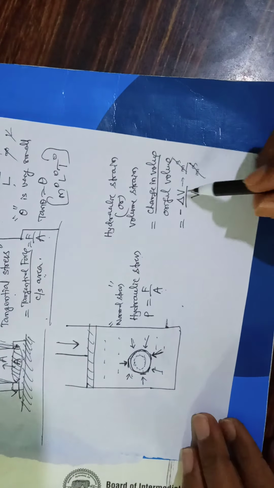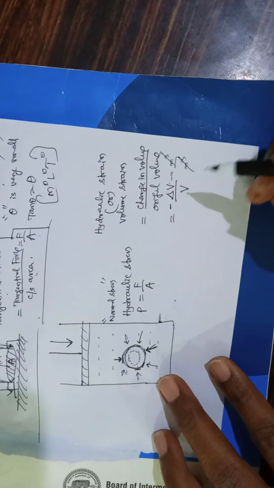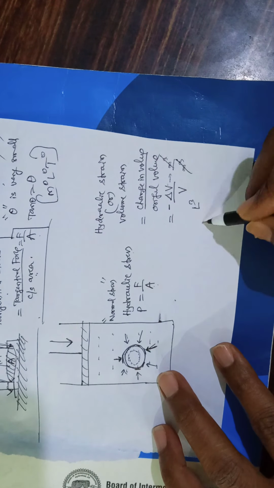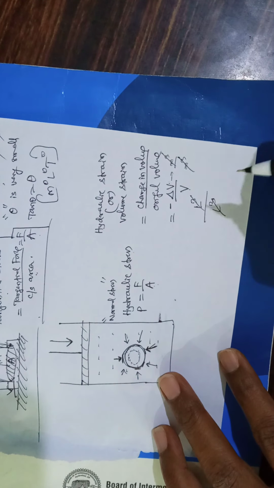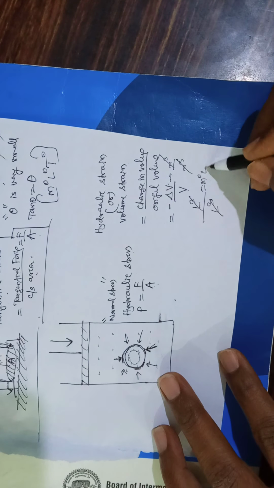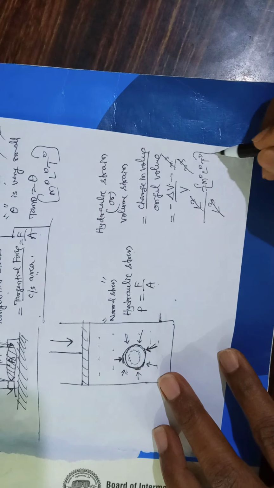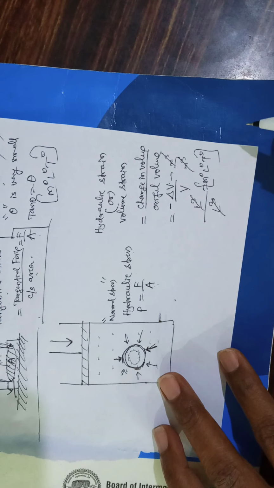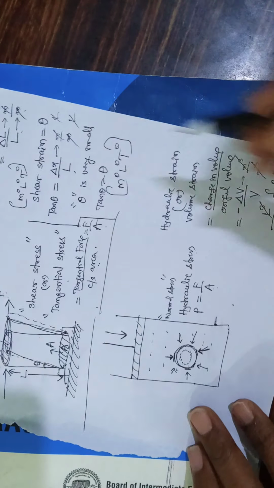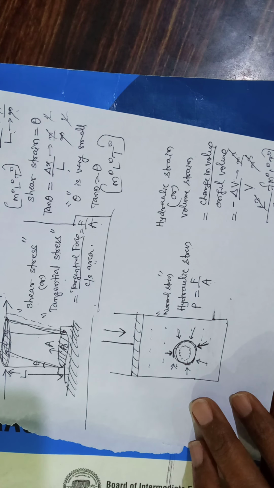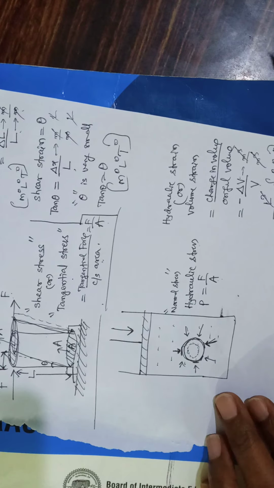Here, change in volume by original volume. For volume, what is the dimensional formula? L cube. Here, original volume L cube. L cube gets cancelled. M power 0, L power 0, T power 0. So in this way, see, the strain is dimensionless. Strain is dimensionless.